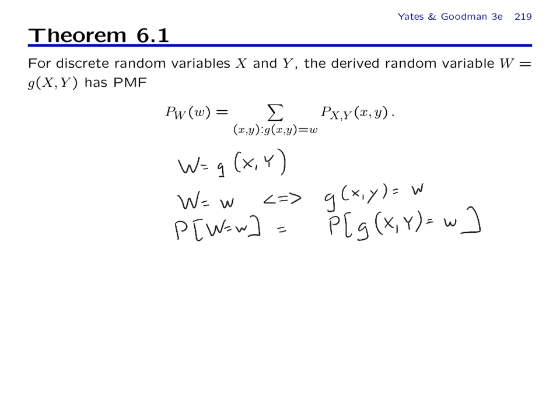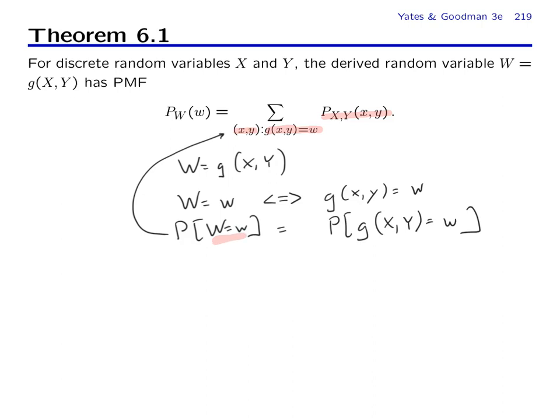Essentially, this theorem does the bookkeeping that says we look for all the x and y pairs such that g of x, y equals w, and then we add up those probabilities, and that's how you get the probability W is equal to some small w.